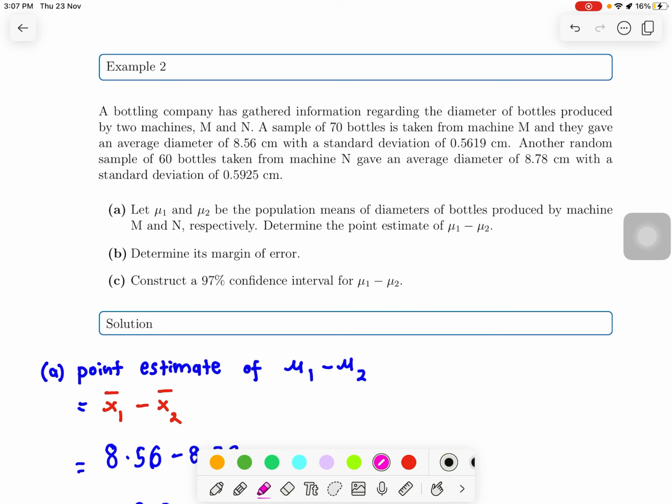So if I were you, I will gather all this information. So we highlight the sample size.